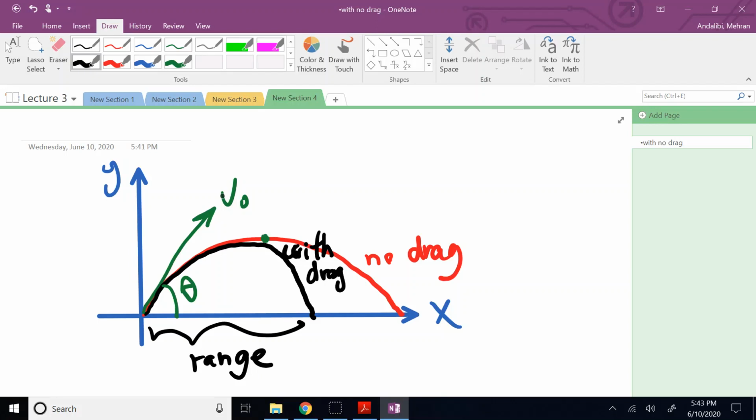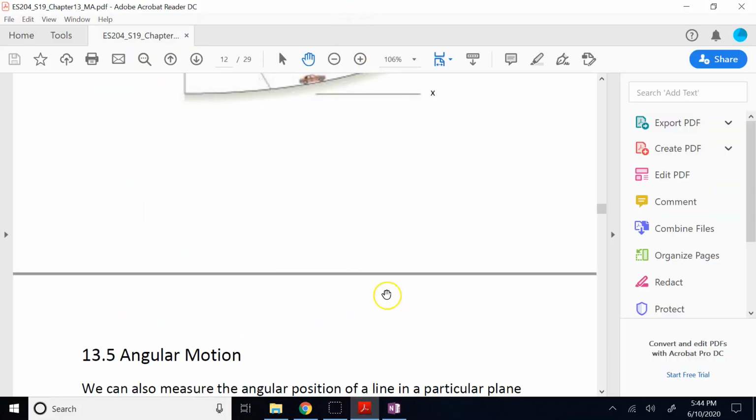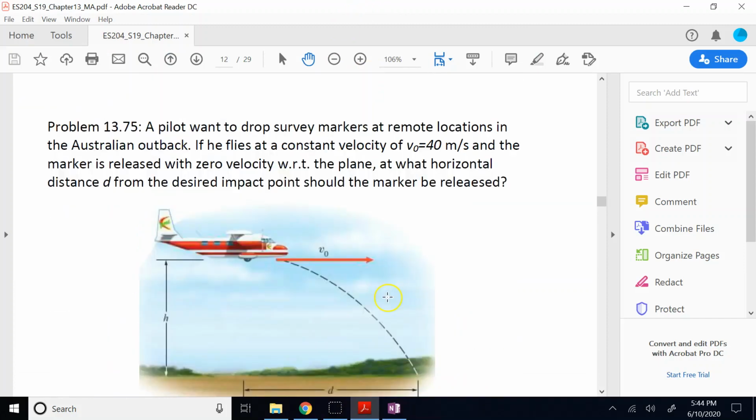And I'll show you later in simulations. Now that I talked about range, let me give you another formula which is about range, and then a couple of other formulas about the max height point, so that we can work on this projectile motion in our lecture today. And then I'm going to solve this problem 1375.